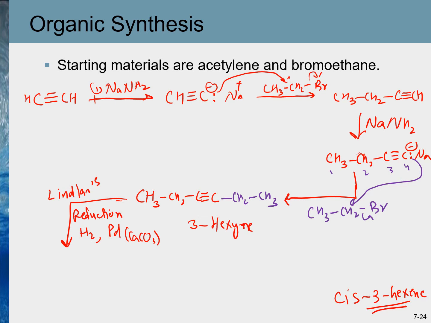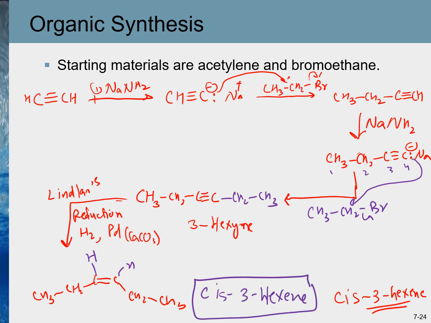And this will reduce it to cis. So that is cis-3-hexene, and this was the desired product. And now we know the entire synthesis scheme starting from the available starting material.